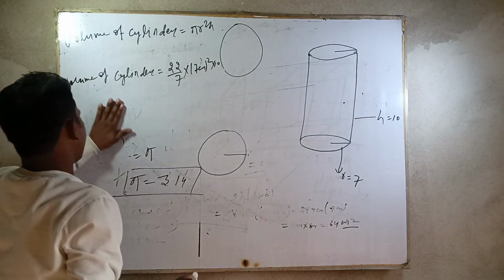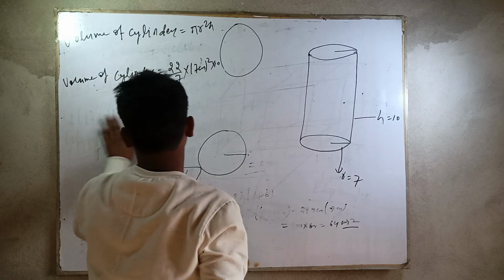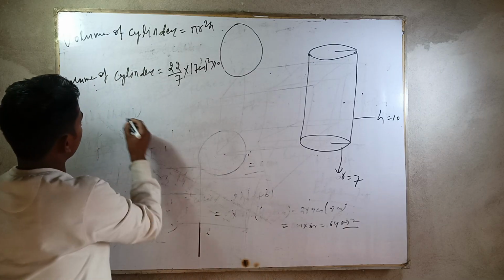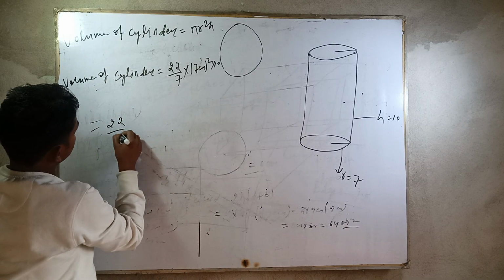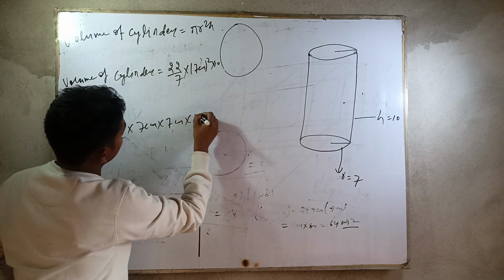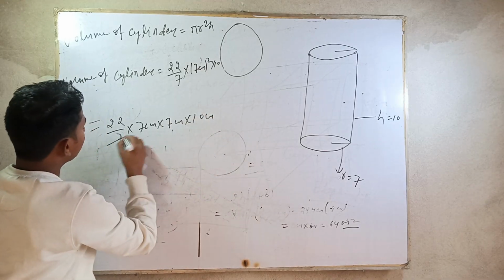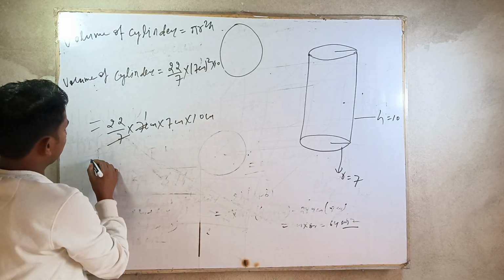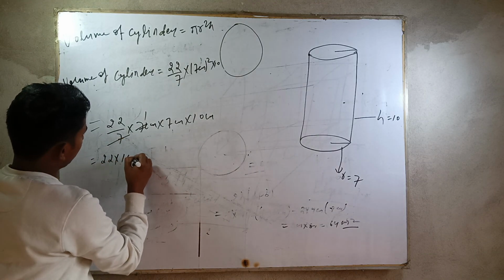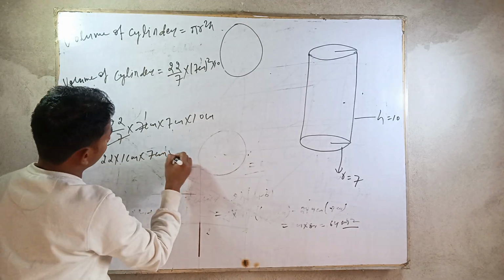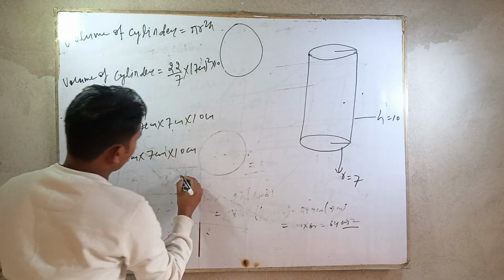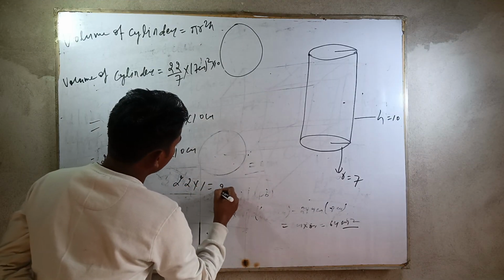Now if I solve this question: 22 by 7 cross 7 centimeter cross 7 centimeter cross 10 centimeter. Then the 7s cancel and it will be 22 cross 1 centimeter cross 7 centimeter and 10 centimeter. 22 cross 1 is 22.